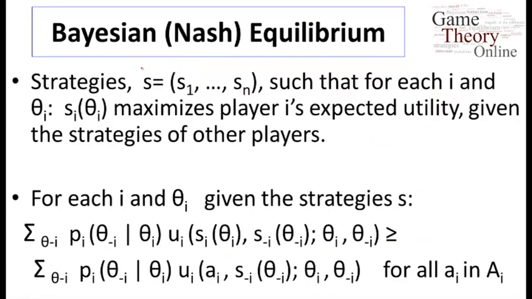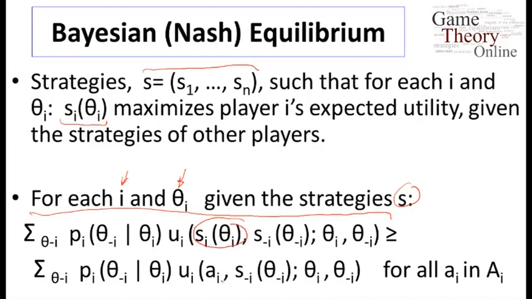Okay, with this in hand, Bayesian-Nash equilibrium is easy to define. It's going to be a profile of strategies, one for each player, such that the strategy for each type maximizes that player's expected utility given the strategies of the other players. So for each i and θ_i, given the strategies s, we look at their expected utility from following the prescribed strategy, and that had better be at least as good as what they could get from any other action instead.